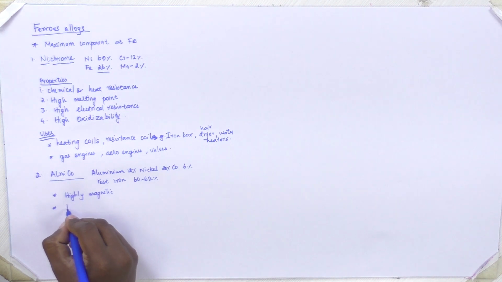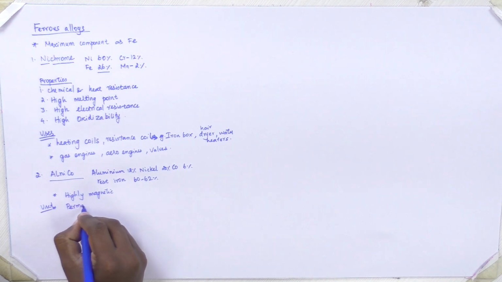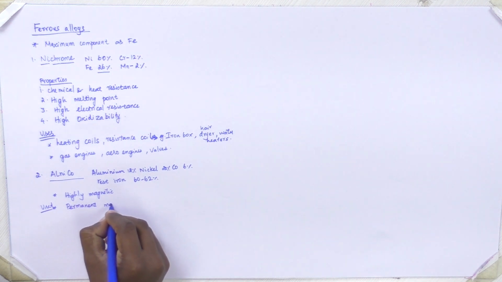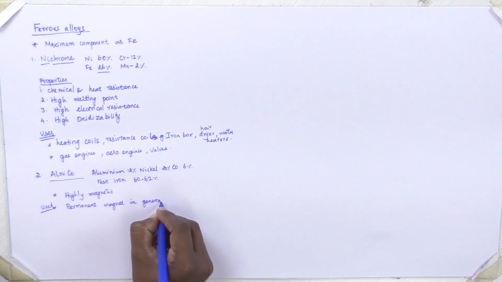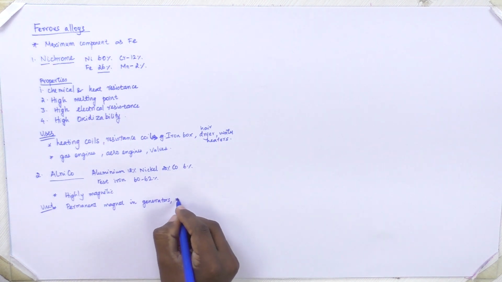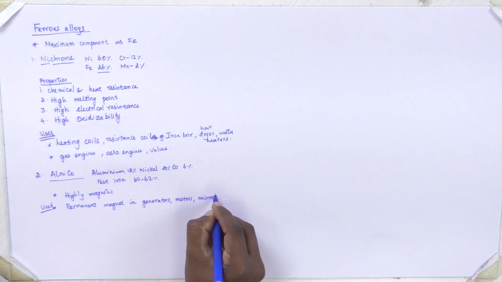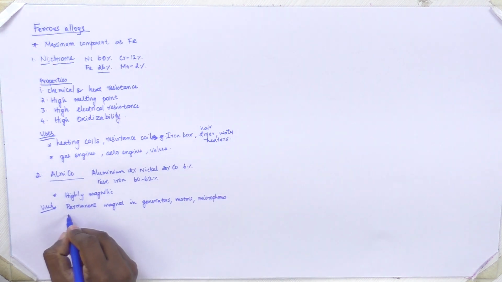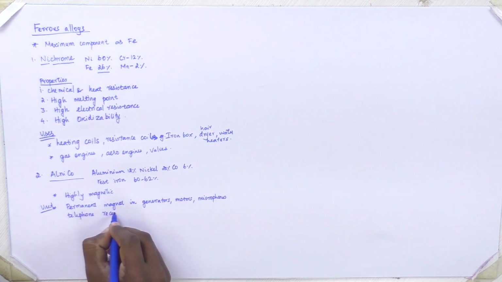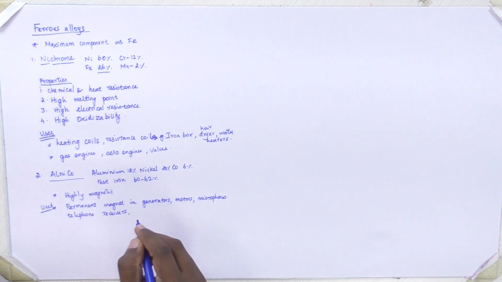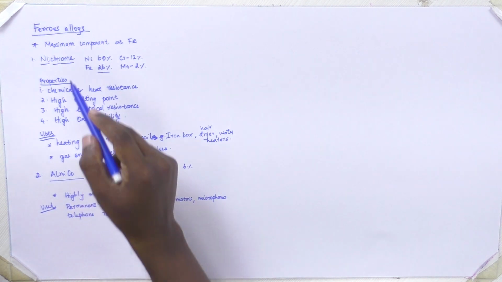For example, it is used as a permanent magnet in generators, motors, microphones, and telephone receivers, and so on. So Alnico is another type of ferrous alloy.